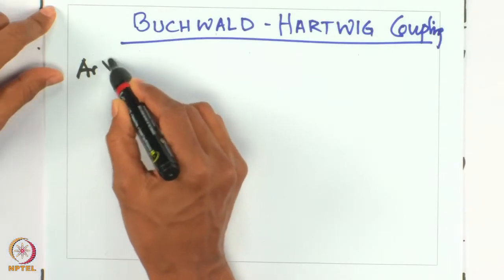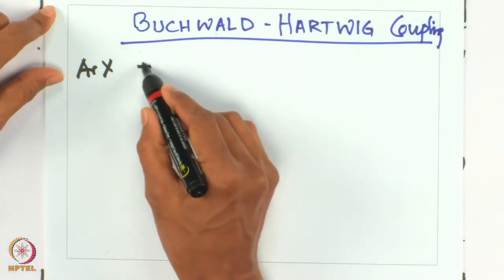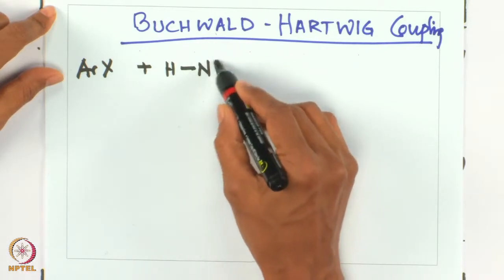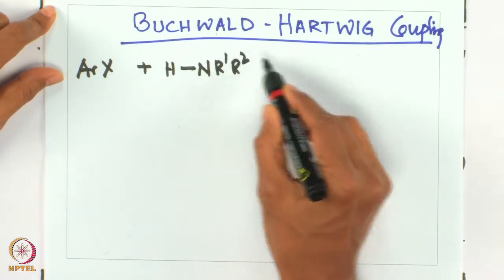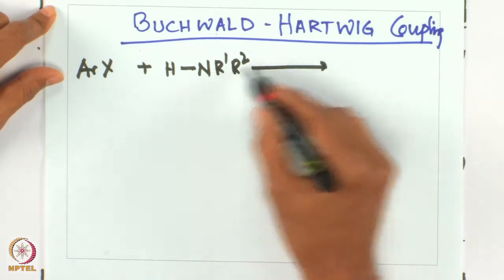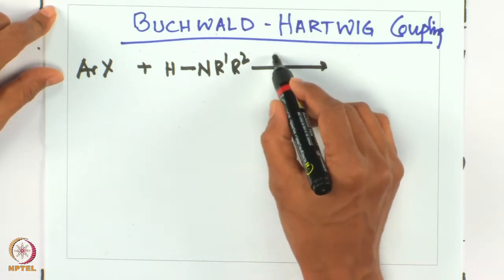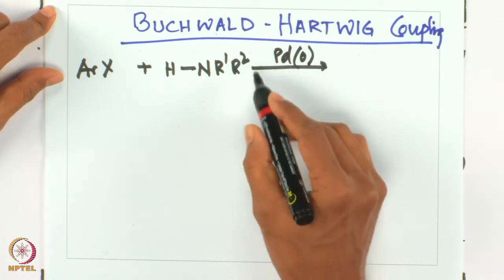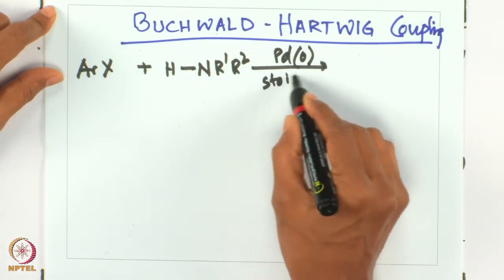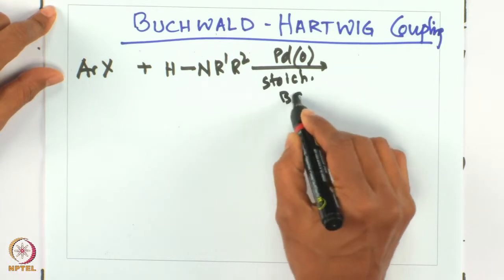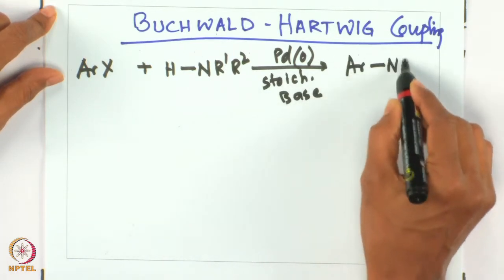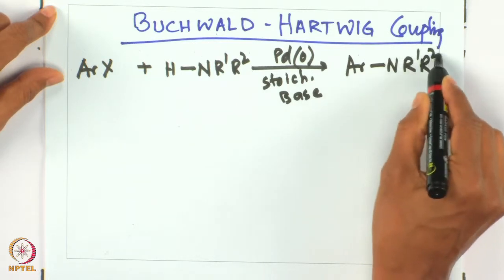So, it is aryl halide that is reacted with an amine, HNR prime and R double prime, so two different R substituents, you can have a primary or a secondary amine, and a palladium 0 catalyst. A stoichiometric amount of base is required for these reactions, and you get Ar-NR prime R double prime.